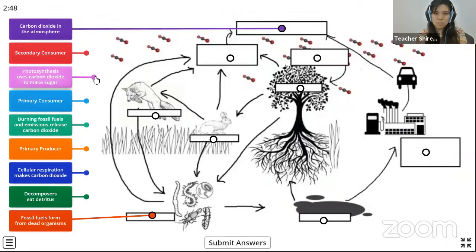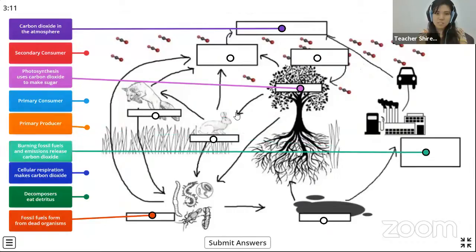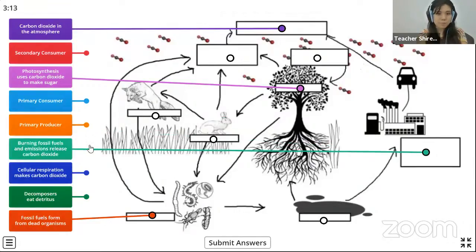Photosynthesis. Who does photosynthesis? Is it the plant or the animal? Okay, fossil fuel. Fossil fuel is all the factories. Respiration. Respiration is basically based on the animals breathing.